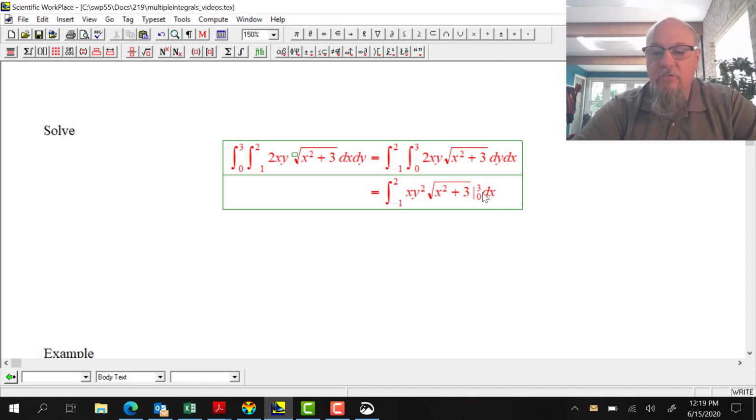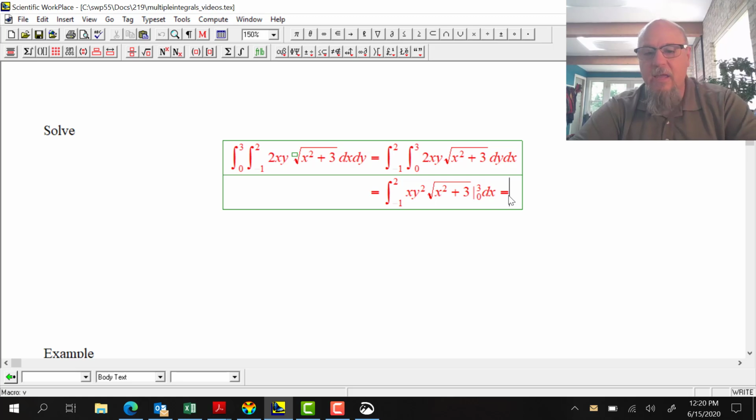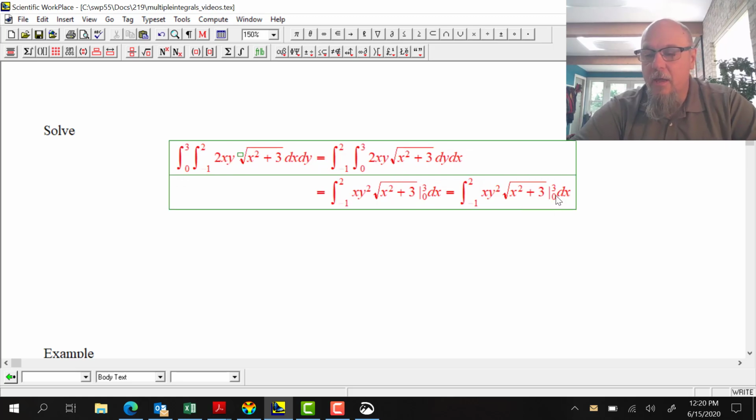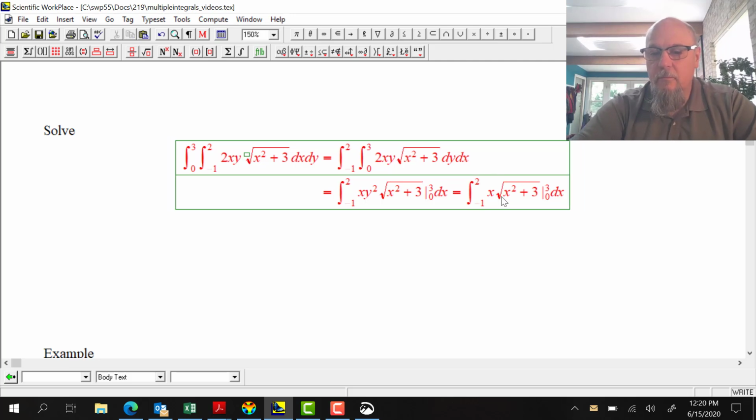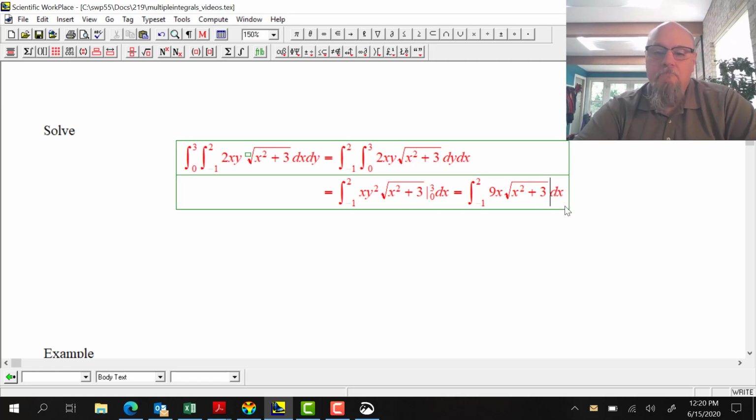Those are y's, 7 the top minus 7 the bottom, so that's going to be a 9 minus 0. So this whole thing is going to clean up really nicely because of that 0. That's what was driving my instinct to do the y's first, because when I plug in the 3, minus when I plug in the 0, it's going to be -0, so I won't write it. So that works out a little bit easier.